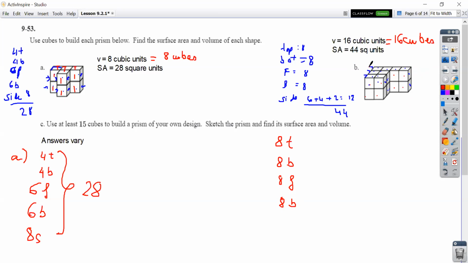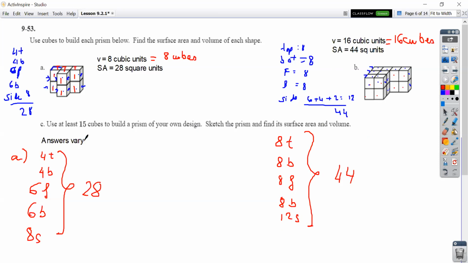Let's count: 1, 2, 3, 4, 5, 6. One stack on the top, another stack on the bottom, so we have 2 stacks. And then what else on the side? 7, 8, 9, 10, 11, 12. So we have a total of 12 sides, okay? Add them all together, you should get a total of 44. So the surface area is 44 square units.